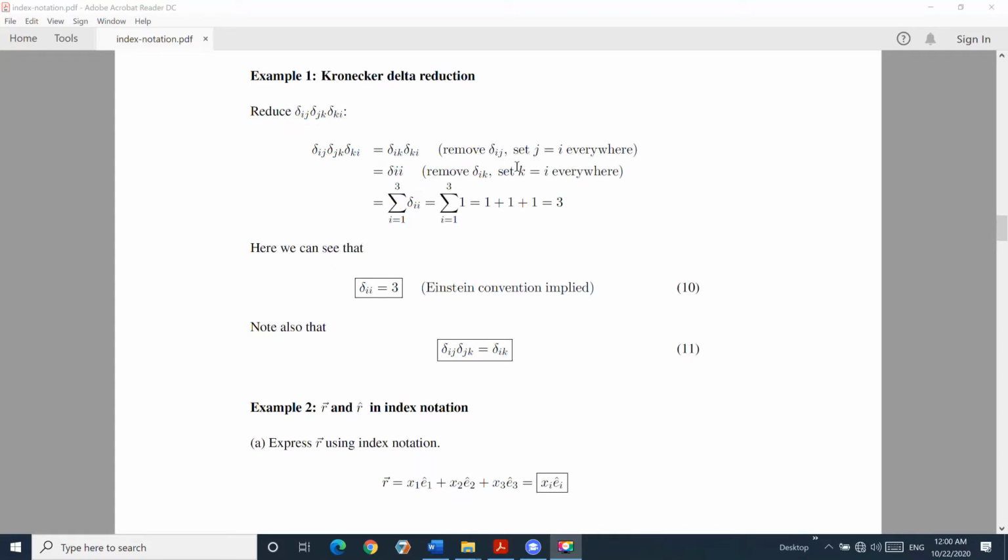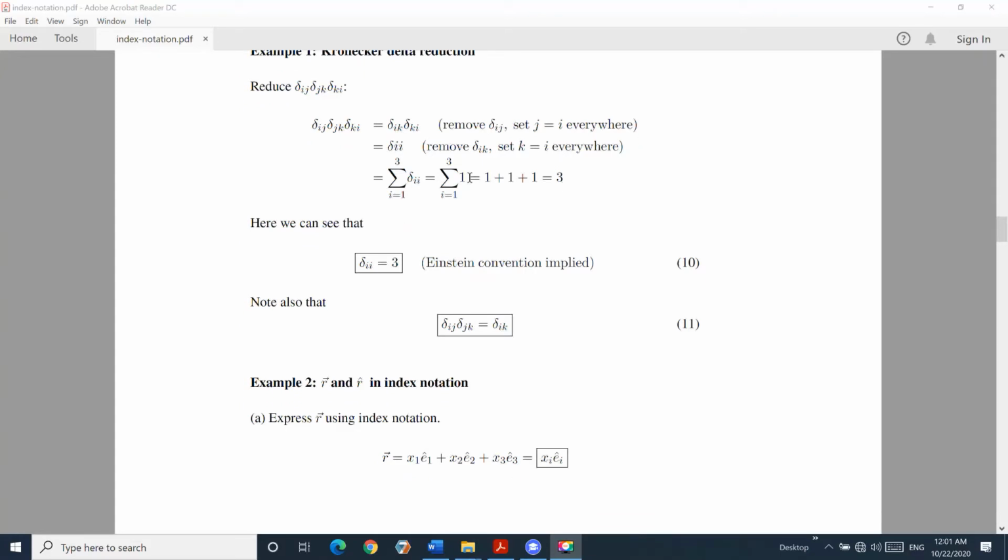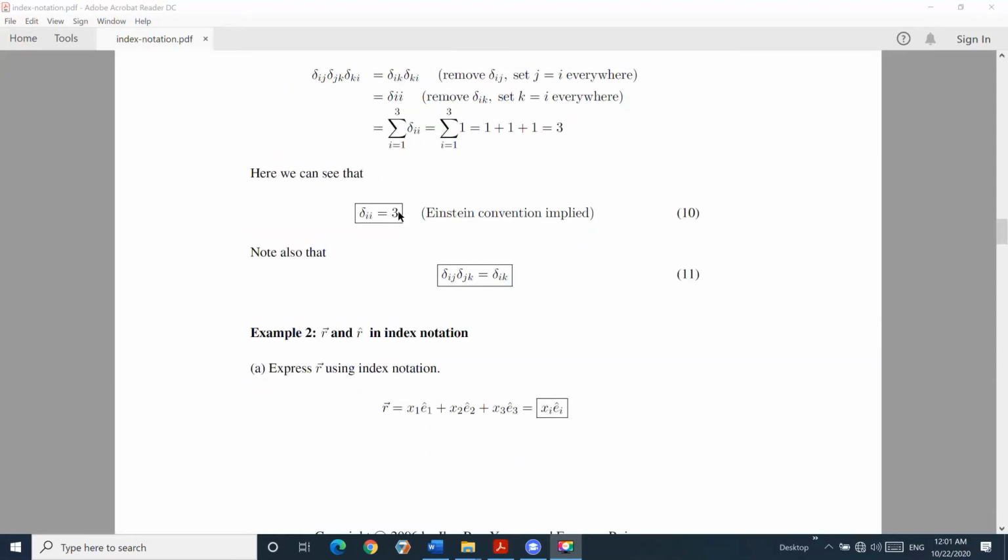In the next step, if we set k equal to i, then it gives 1. With k equal to i, what is left gives the result of 3, because if we repeat 1 1, 2 2, and 3 3, they are the same numbers, so it gives the result of 3 as we saw here.